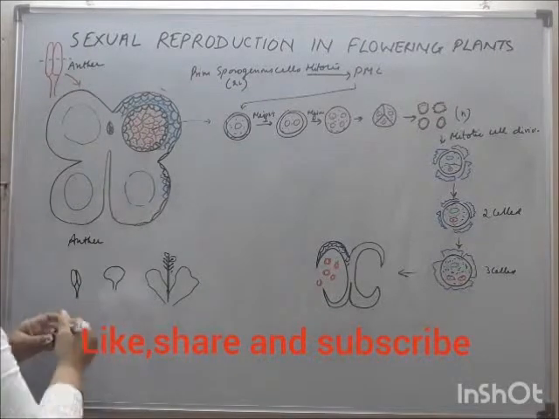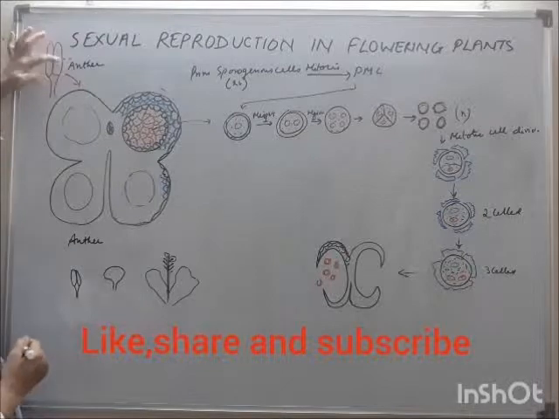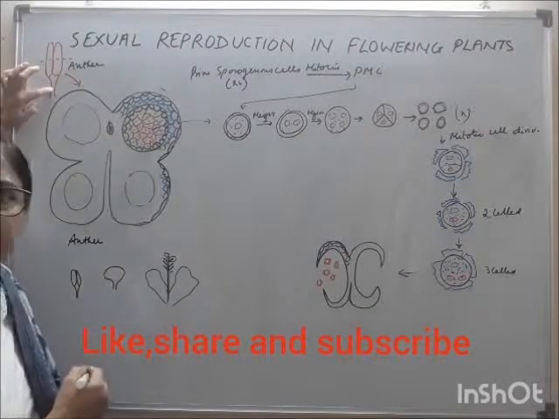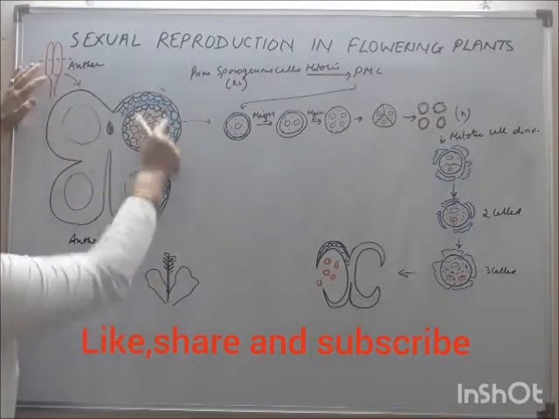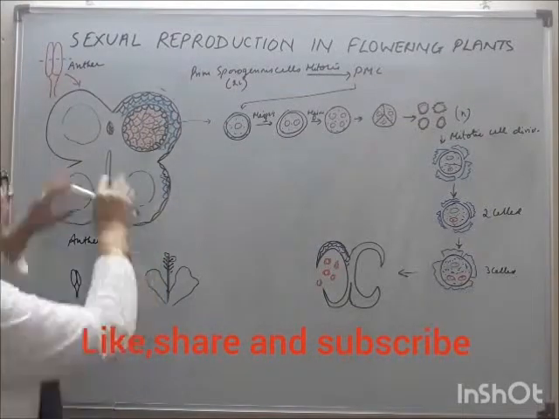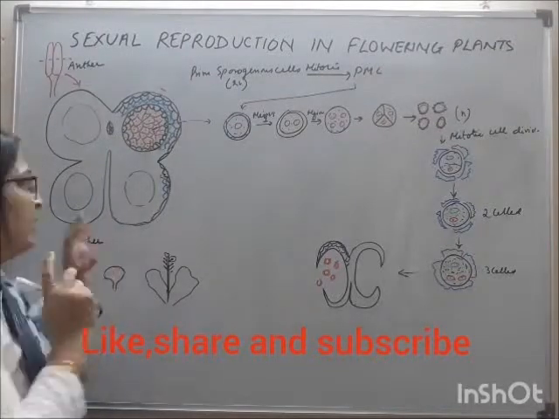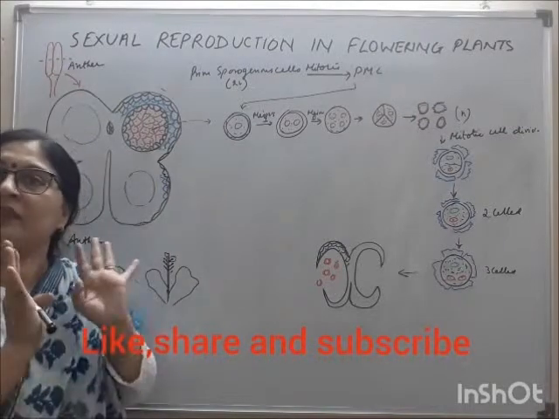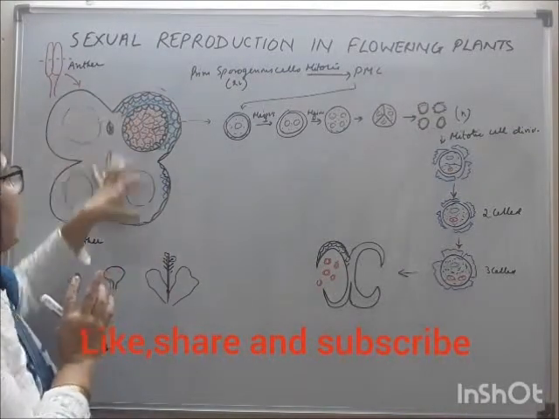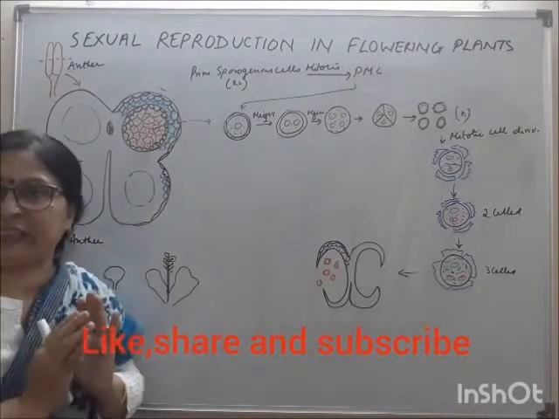So bilobed means dithecous. I've taken here one anther. This is the anther part and this is the filament part. If you cut the section of anther, you will find this structure. This means one anther lobe contains 2 pollen sacs. So 4 pollen sacs are present, and they are separated by connective.